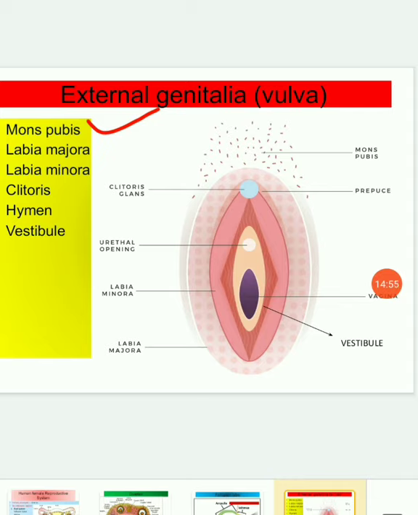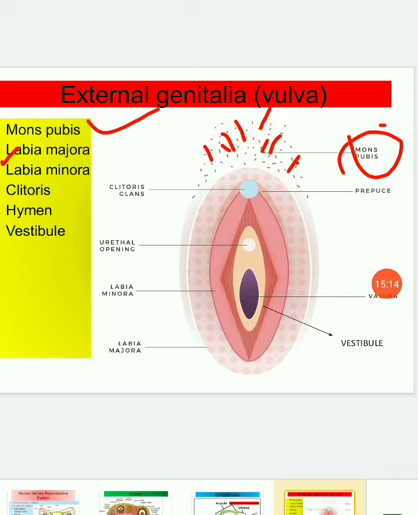It is a cushion-like fatty tissue covered by skin and hair-like structures called pubic hair. Below it, the mons pubis continues downwards as the labia majora.